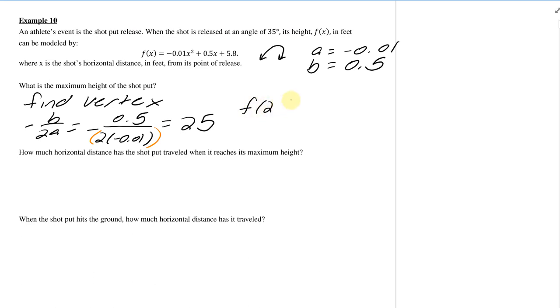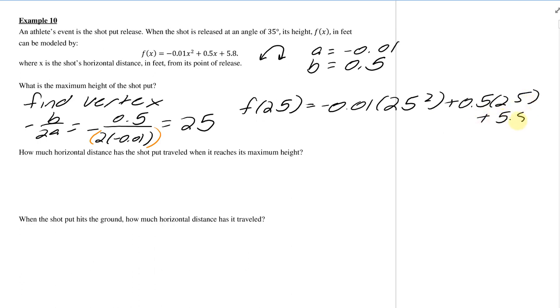So this will be f of 25, so I have to plug in all of this, so 0.5 times 25 plus 5.8. If I plug that all into my calculator, I get 12.05. Okay, so now you just have to go back and remember, what are you being asked?